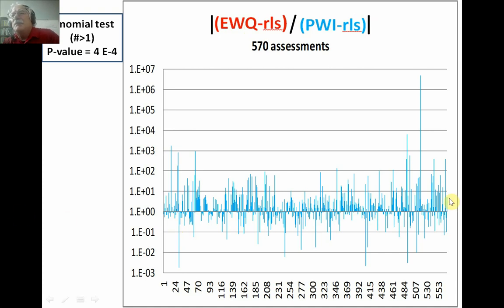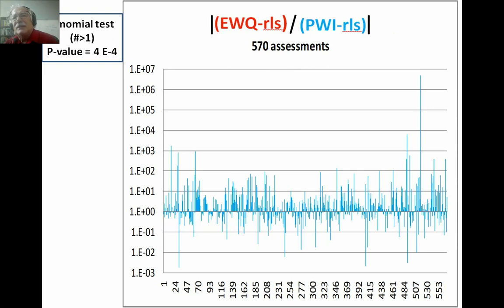And you see this picture has a strong majority of the lines, the blue lines, are above the value 1. So the probability of seeing a picture like this or more extreme, if there was no difference between these two forecasters, that's on the order of 4 times 10 to the minus 4. So the result isn't as powerful as in the other cases, but it's still plenty powerful.